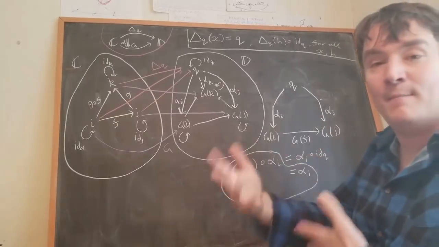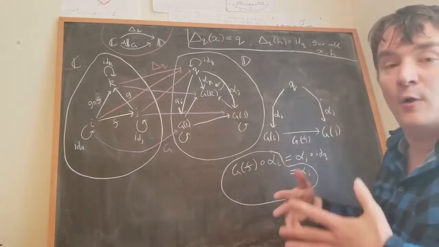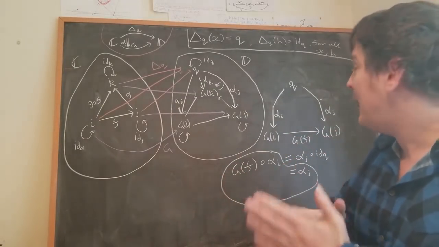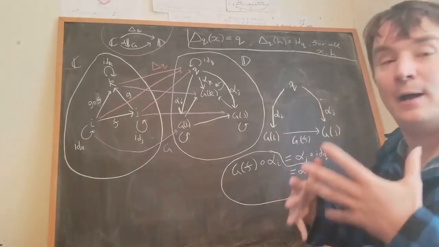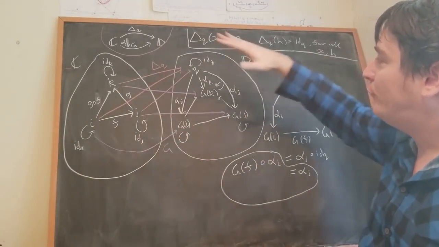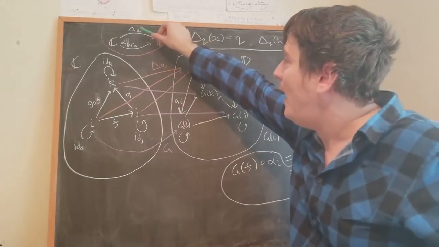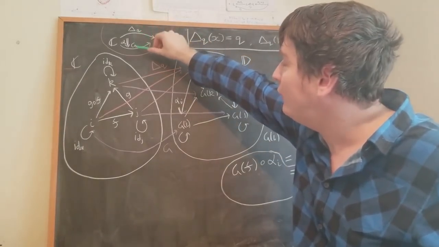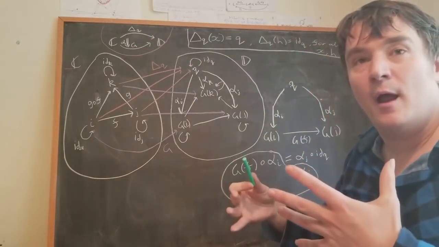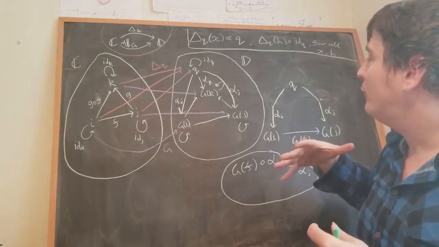So you might remember we encountered commuting triangles like that when we were talking about products. And we're going to encounter a lot more when we talk about limits in the future. This kind of construction here, where we have a natural transformation from a constant functor to another functor, is often called a cone. It's called a cone for good reasons.